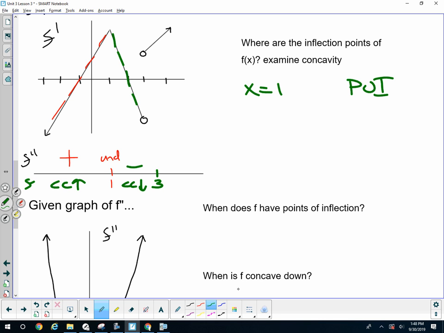To the right of 3, positive, positive, positive, positive. What's going on at 3? Well, I don't have a defined tangent slope at 3 as well. But I would still say that 3 is also a point of inflection.